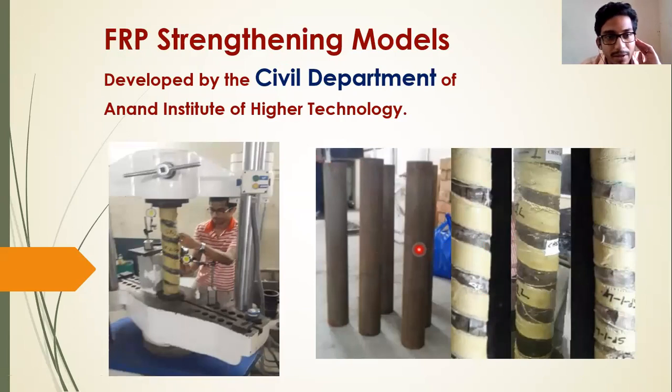Here in this project, we used aramid fiber, the yellow color fiber you can see. After wrapping, a significant increase in the load carrying capacity was observed, and it really serves the purpose of applying this FRP. We also used glass fiber here.